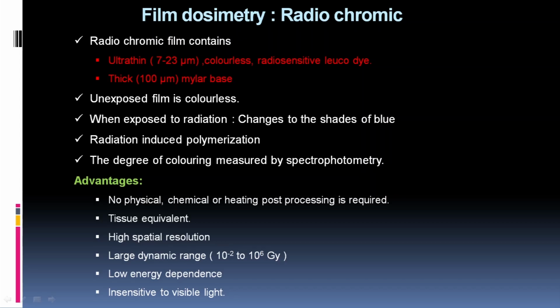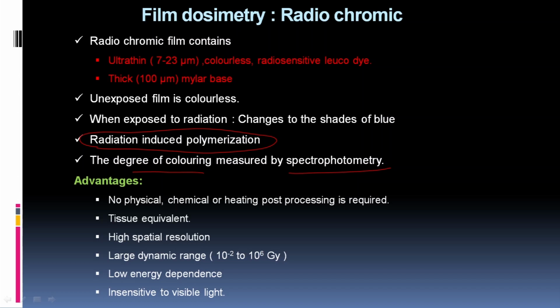When exposed, this colorless film changes to shades of blue because of radiation induced polymerization. The degree of coloring is measured by spectrophotometry. This type of spectrophotometry we have used to identify the ferric ion in the chemical dosimetry system.